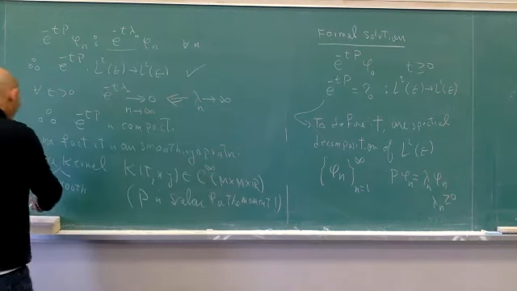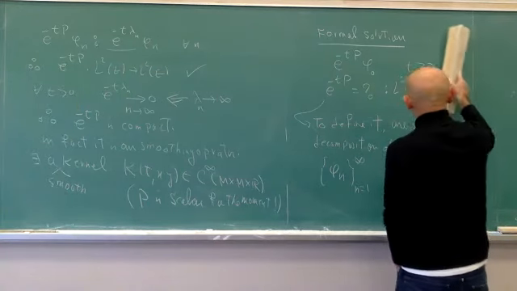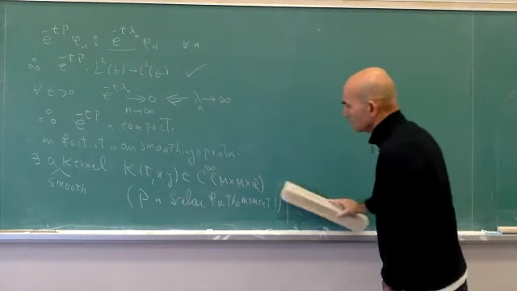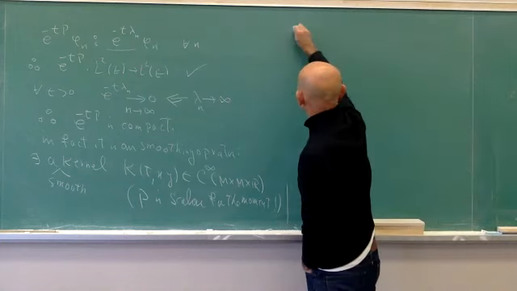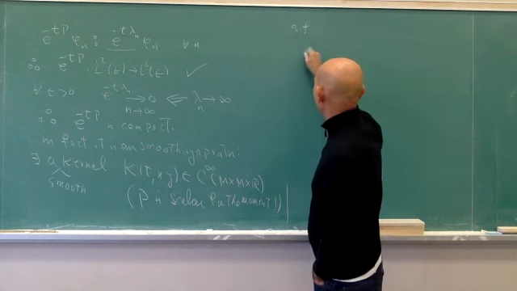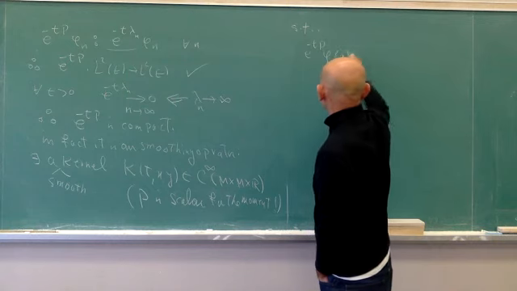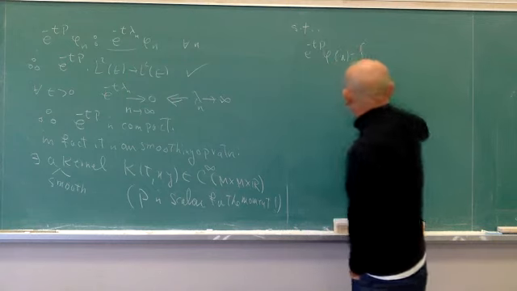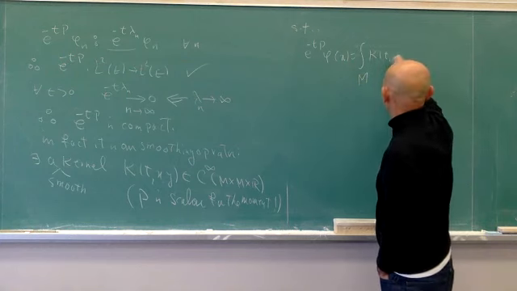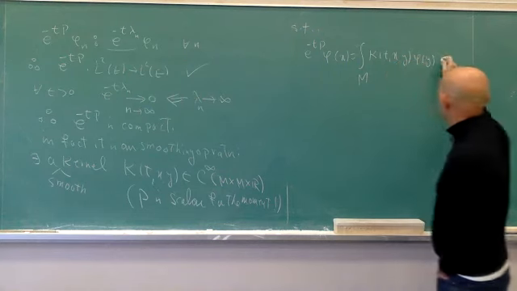So there exists a smooth kernel such that, in fact, e to the minus tP phi of x is equal to the integral over M of k(t,x,y) phi of y.